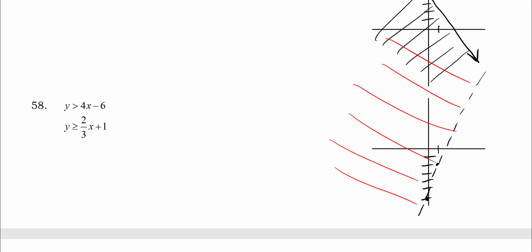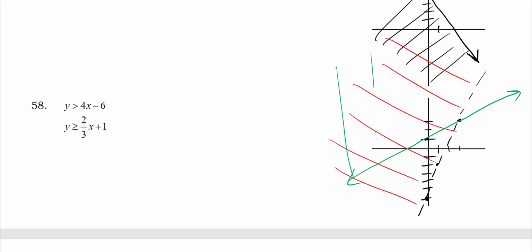And then the other one is y-intercept of 1, and it's up 2 and over 3. So I'm going to do this in green, even the line. It's a solid line. And this one is shade above as well.